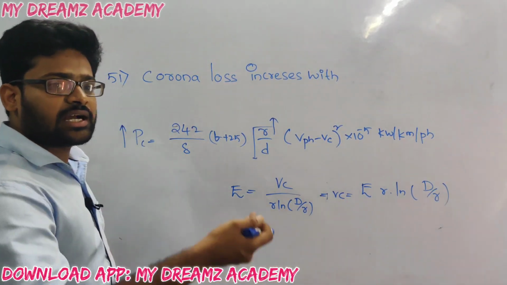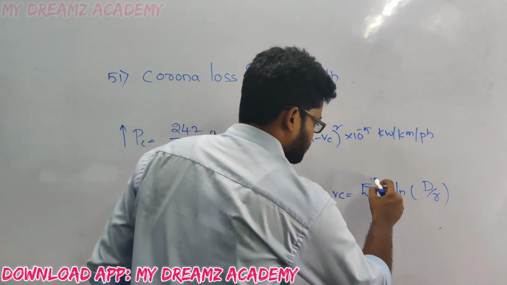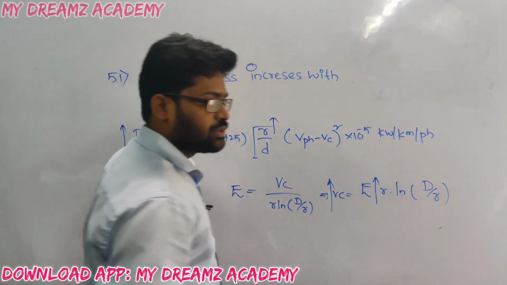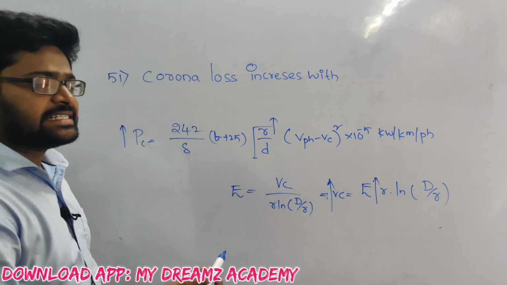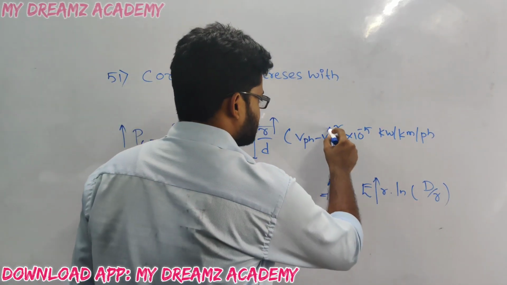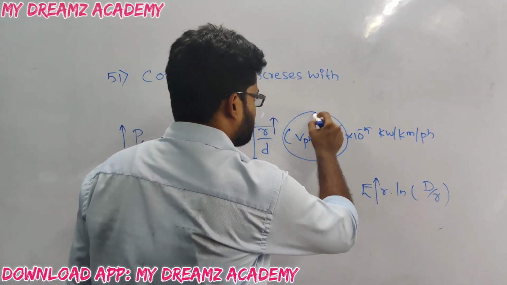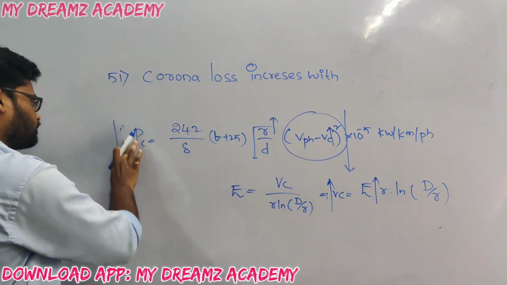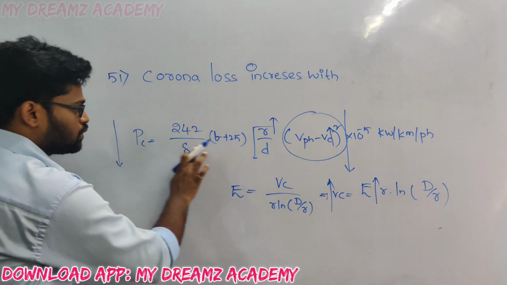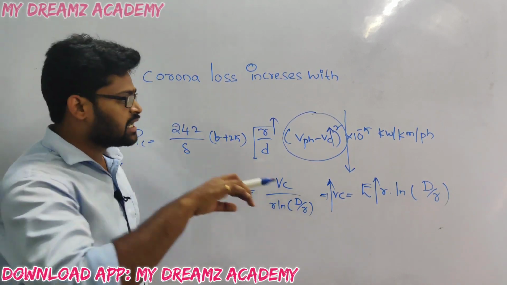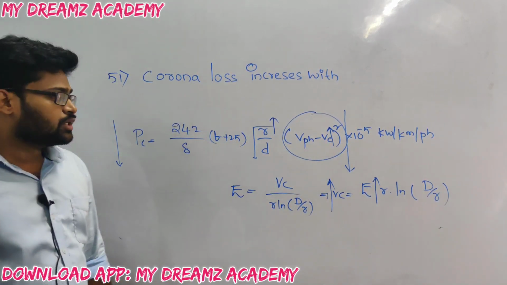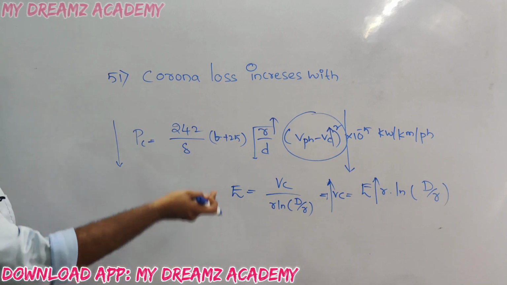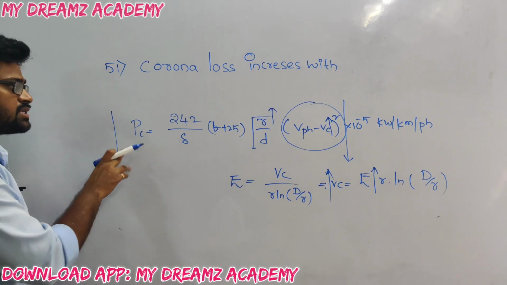If the radius of the conductor increases, the critical disruptive voltage also increases. The Vc value increases, this total combination value decreases, so the corona losses decrease. Even though it looks like a direct relation, it also depends upon the Vc value. So if the radius of the conductor increases, corona loss will decrease.